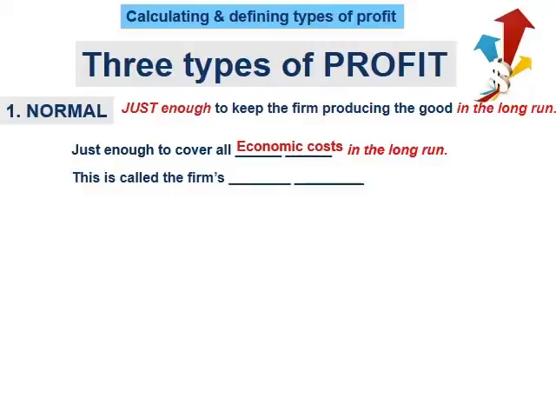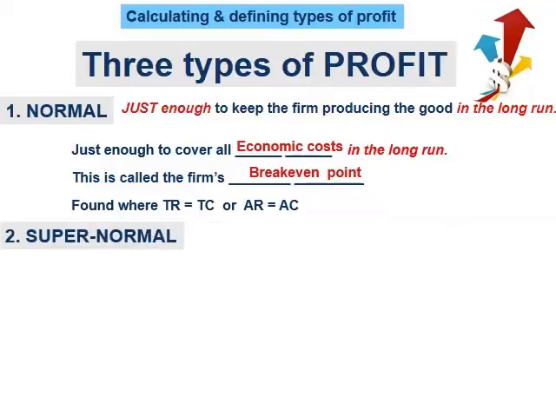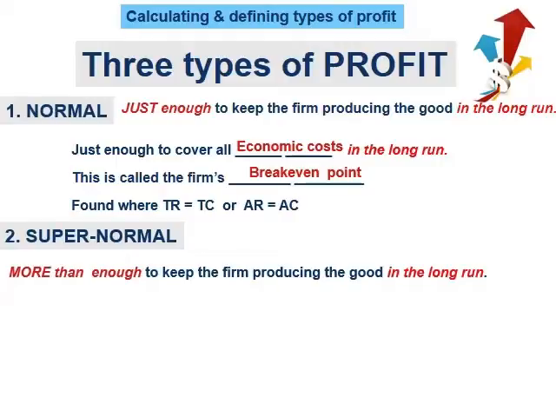As we remember from when we did break-even point, total revenue equals total cost. Supernormal profit is more than enough to keep the firm producing in the long run. In other words, profit is above zero. It's found where total revenue is greater than total cost. On the graphs, you'll see AC is below AR at the profit maximizing output.